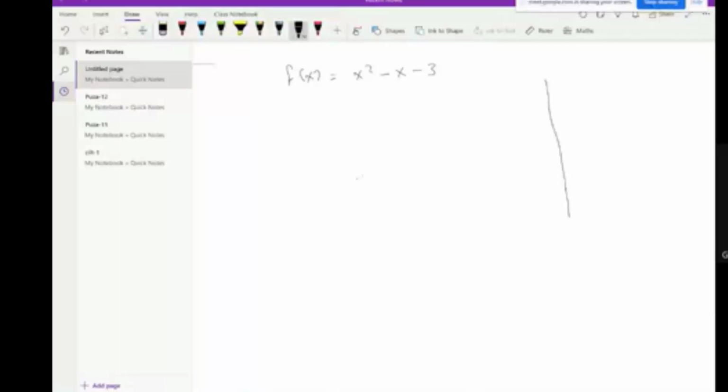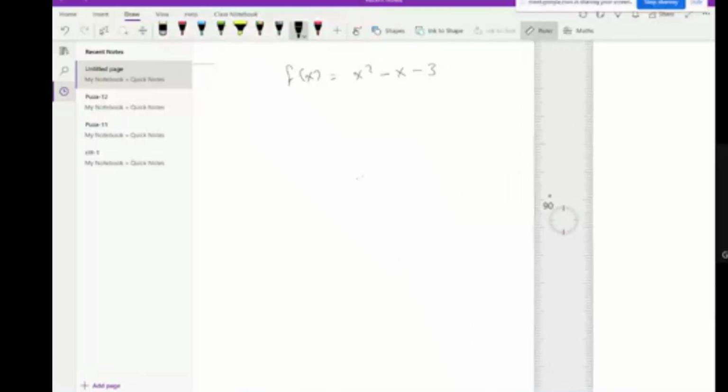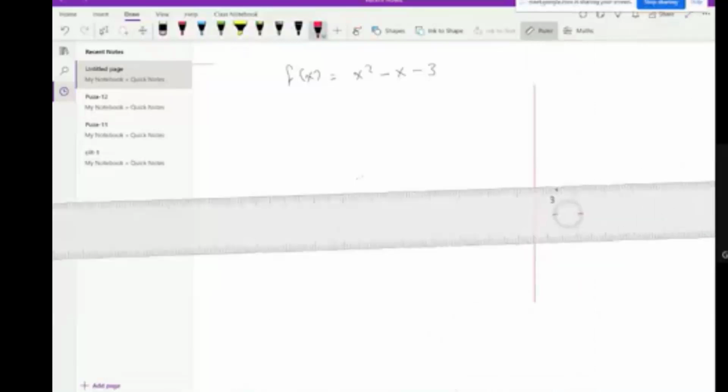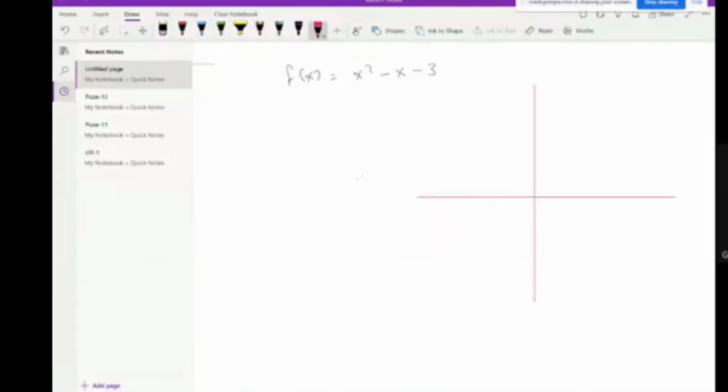Now, let's draw with a ruler. Let's take the coordinates here. We say this is x and this is y.